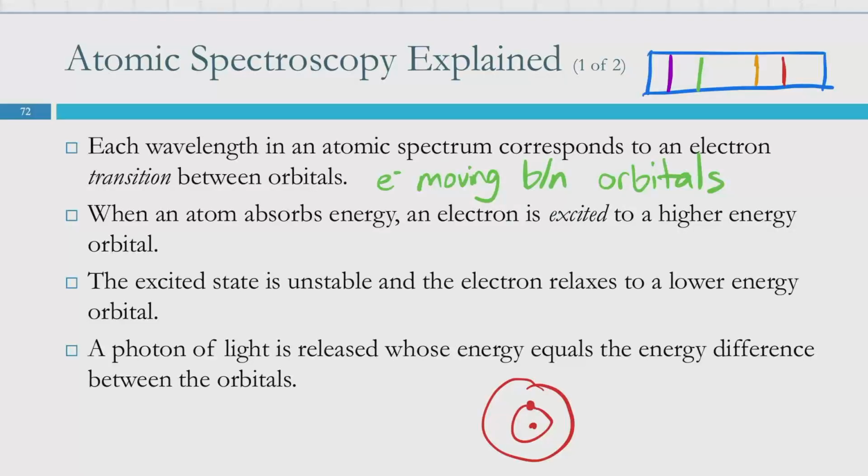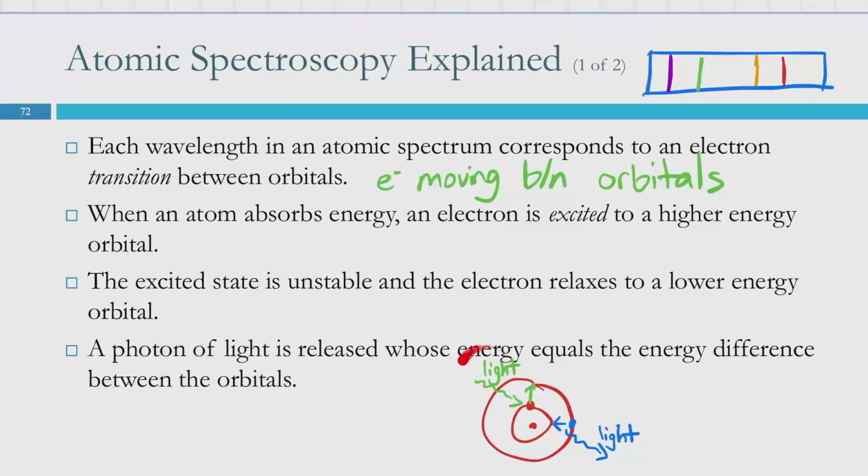So we can have an electron that gains energy. We've got a beam of light coming in and hitting this electron. That excites it. It goes up to the n equals 2 level. And then sometime later, in blue here, it relaxes. And to relax, it has to release some energy as light.